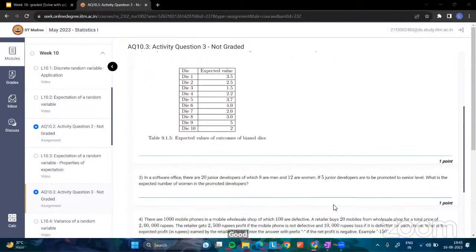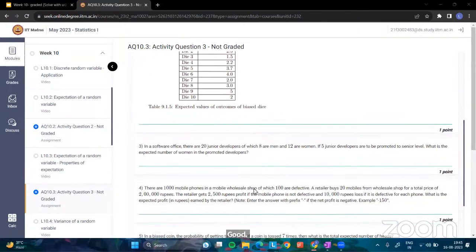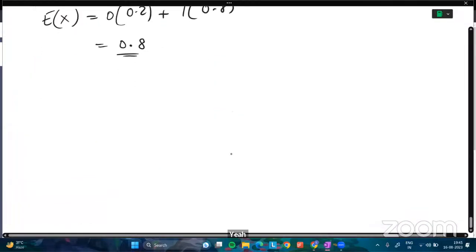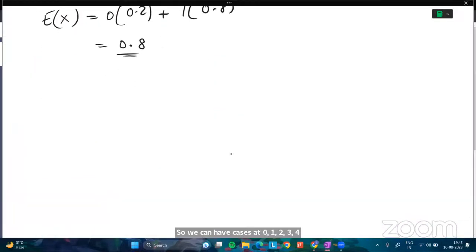I just want to know how did we take x equal to 1, ma'am? Because there are 5 junior developers, so we can have cases as 0, 1, 2, 3, 4, 5. I divided the five people into x1, x2, x3, x4, and x5.